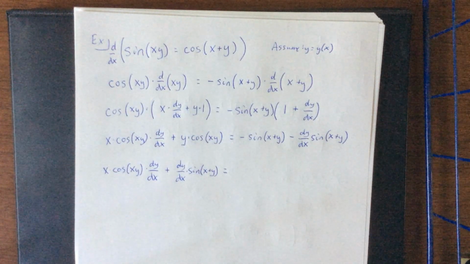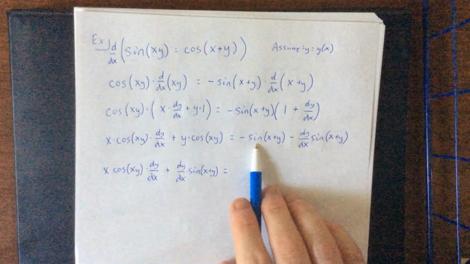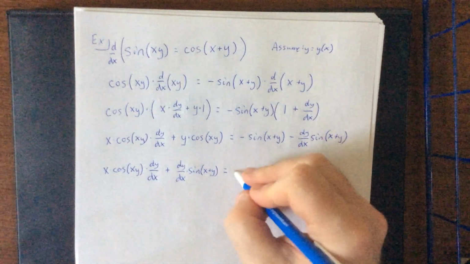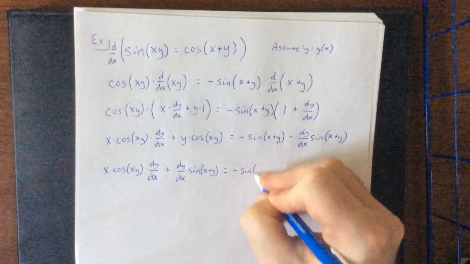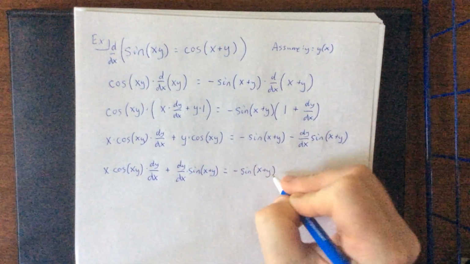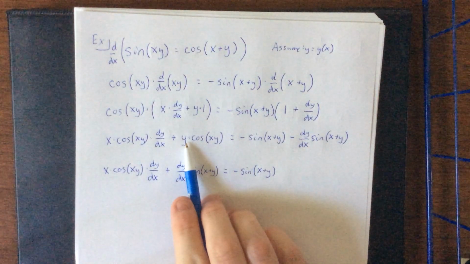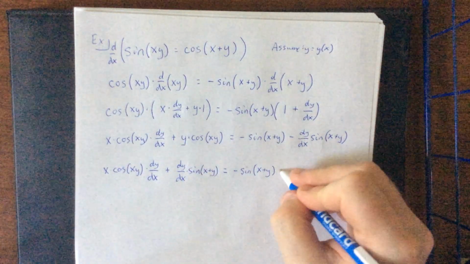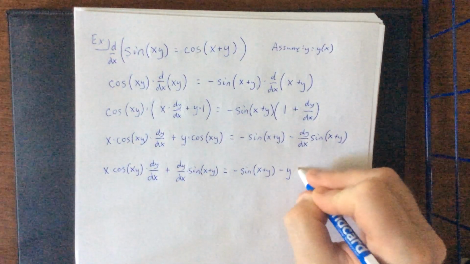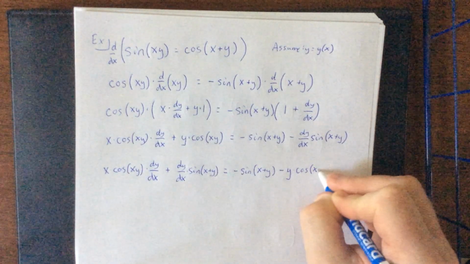Anything that doesn't have a dy over dx, I'd like to gather on the right-hand side. So this term will stay on the right-hand side. So minus sine of x plus y. This term I'll get to the right-hand side by subtracting it from both sides. So y times the cosine of xy.